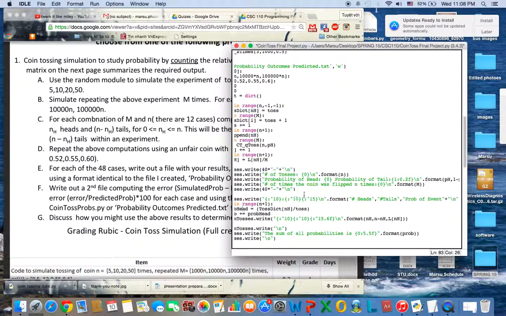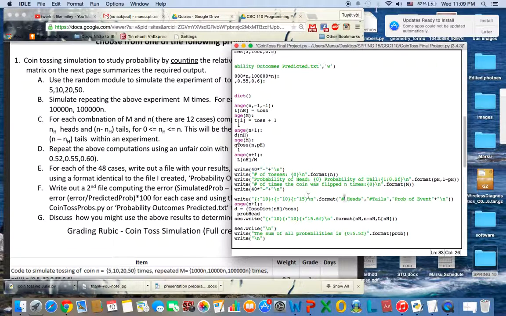And now, for the first item, number of heads, number of tails, and probability of event, which means the probability of the head or the tails.